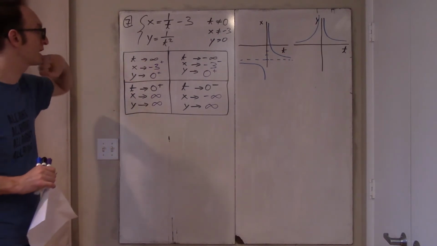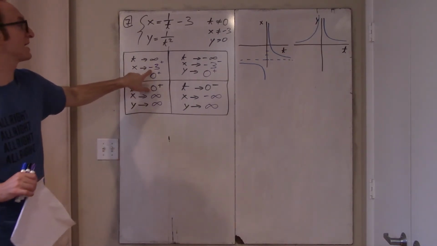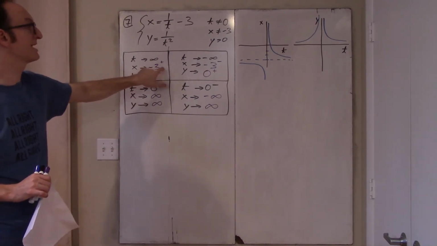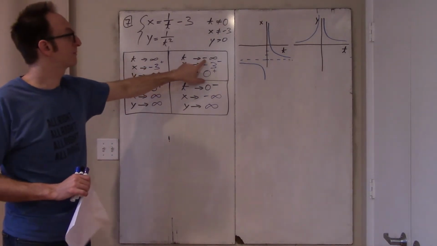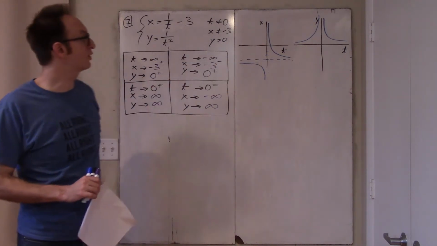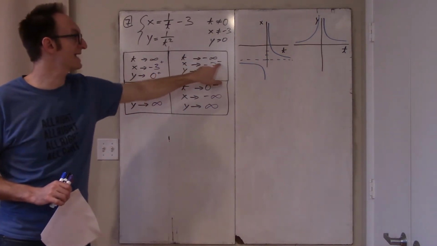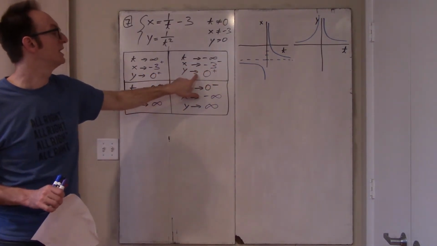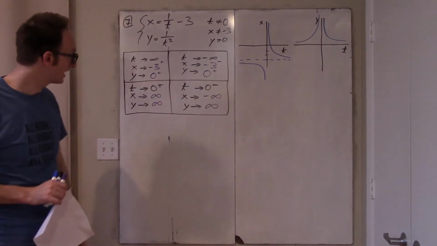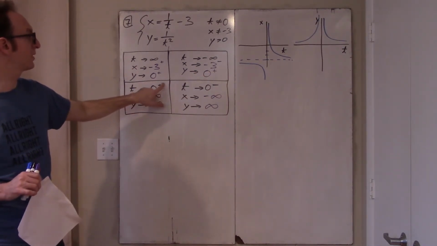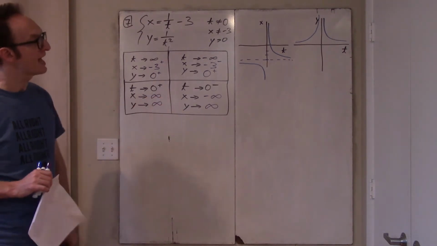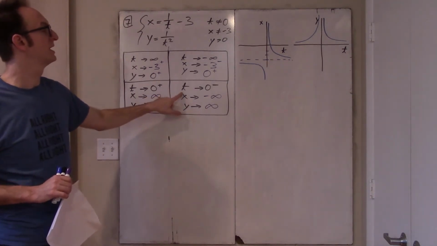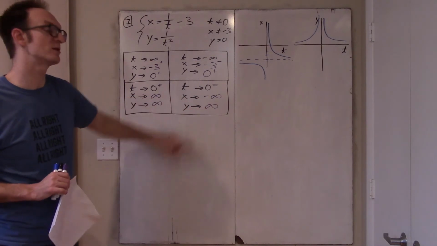Well, for very large t values, look what we find. x is a little bit more than negative 3. y is a little bit more than 0. How about as t approaches negative infinity? Just looking at my two graphs, x is going to be a little bit less than negative 3. y is going to be positive. How about if t is a tiny positive number? Well, they're both going to infinity. And if t is a tiny negative number, x is going to negative infinity and y is going to infinity.